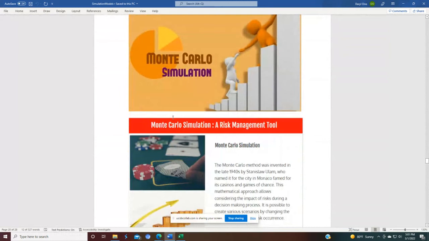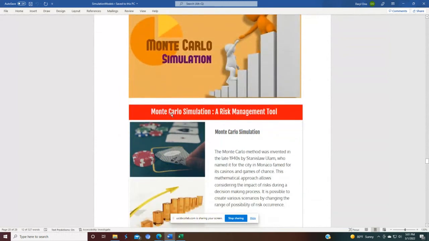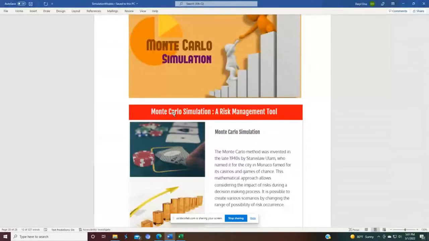Now today we're going to try something that's a little bit more categorized even further down. This is called Monte Carlo simulation. Monte Carlo simulation, fundamentally, you're going to use it to assess risk.